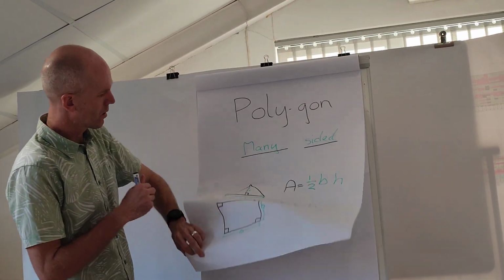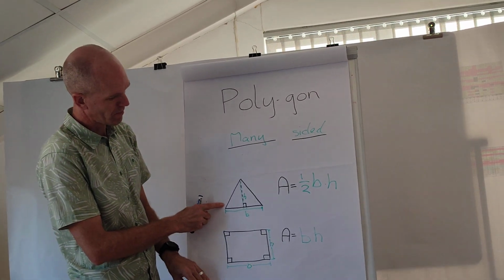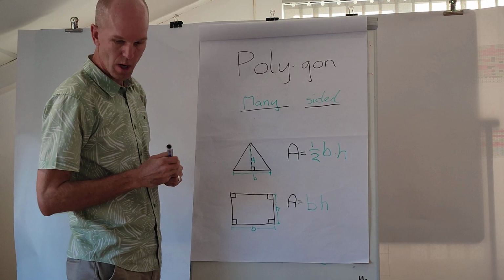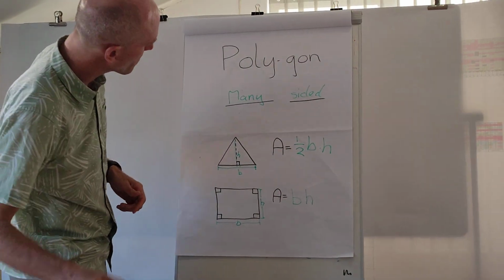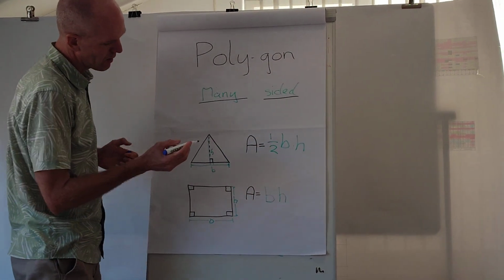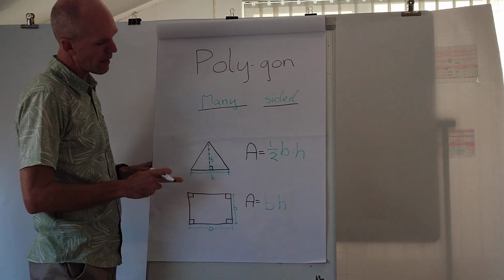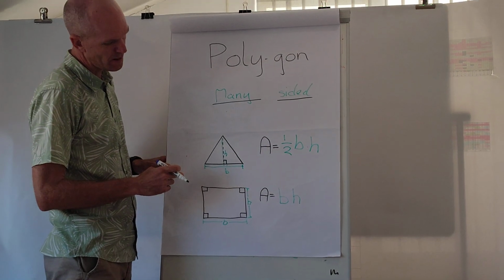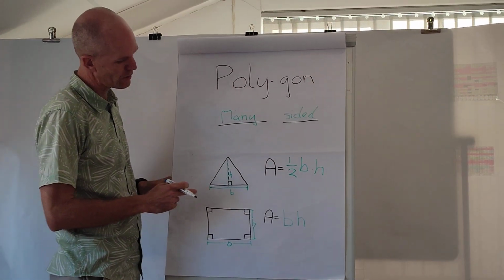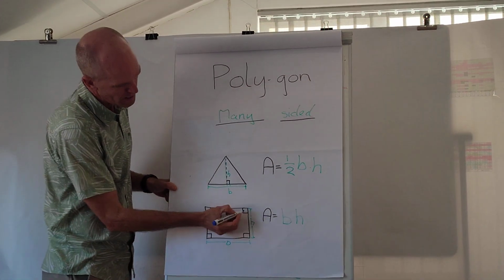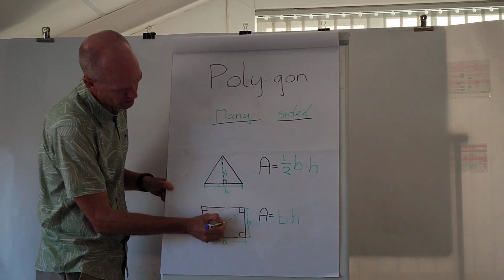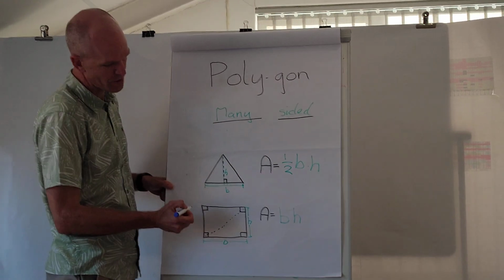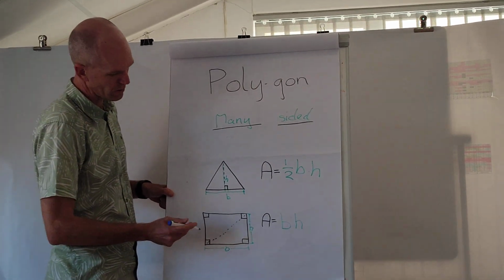What if we took this idea and we took it to other polygons? Remember in the last lesson, we proved to ourselves that these formulas are right, in that we could take this rectangle and divide it into two triangles.